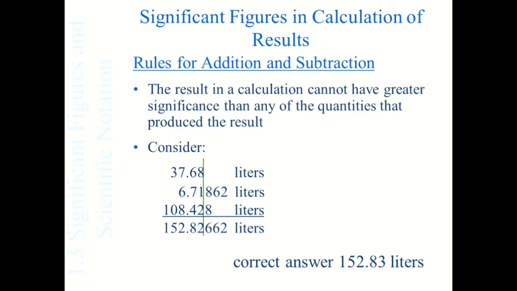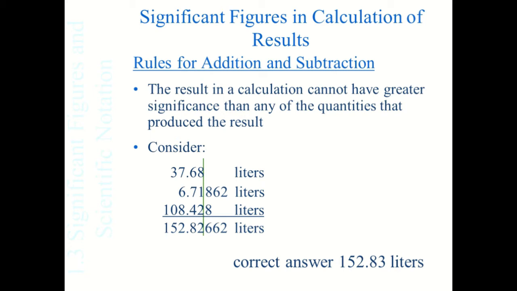Okay. So that slide was kind of just thrown in there, but now we're going to talk about using significant figures in calculations. So if I'm going to add or subtract, then how many significant digits do I report in my final answer? Okay? There is a simple way to know.